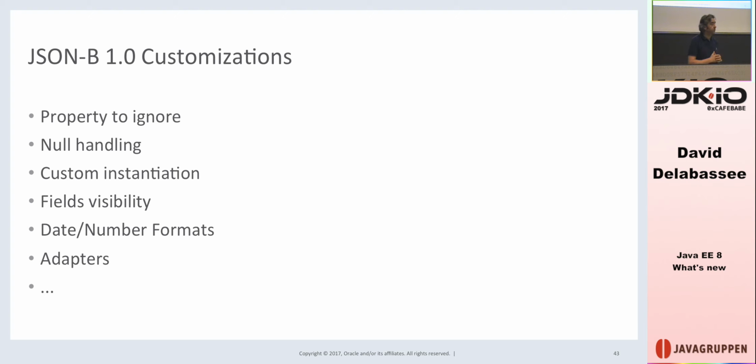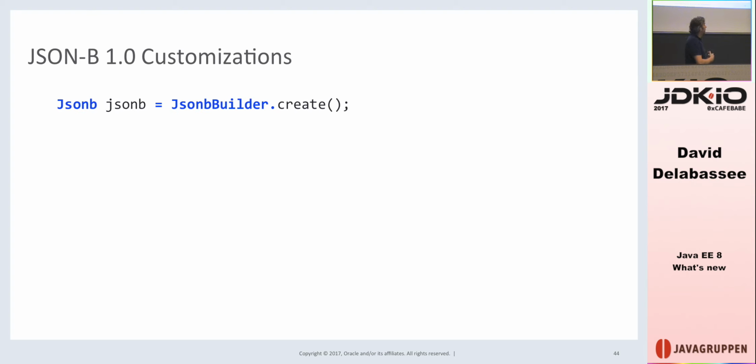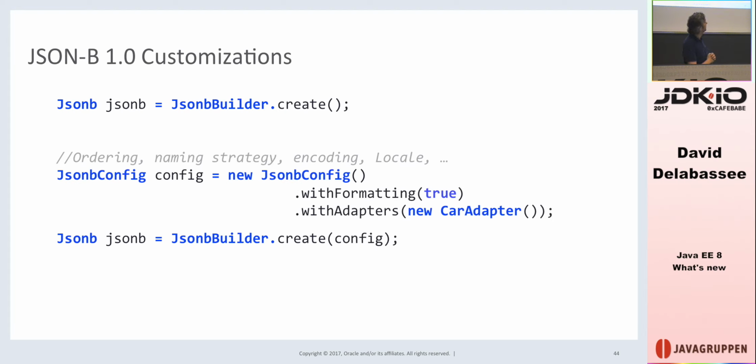And if that's not enough, we also have support for adapters, like we have in JAX-B. So to configure and customize the behavior of JSON-B, it works like this. We need a JSON-B instance, and we also have this new JsonbConfig object that we will use to specify what behavior we want to get from JSON-B. And then when we create our JSON-B instance, we just have to pass it that JsonbConfig object to get the behavior that we want to obtain.